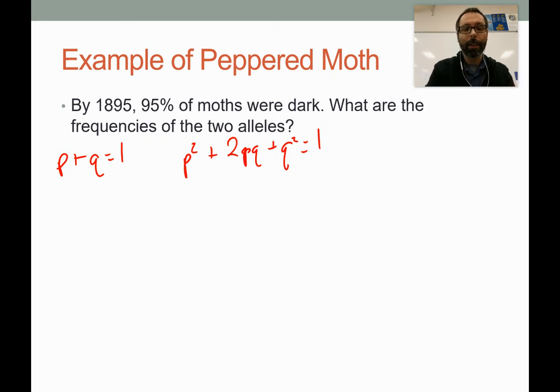The very common thing for students to do here is to say, just like we did before, well, then p squared equals 0.95. But dominant traits aren't as helpful because you don't have to be p squared to be a dark moth, right? The 95% of dark moths includes both of those terms.